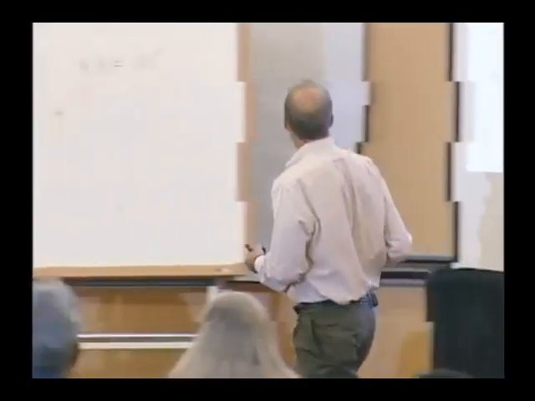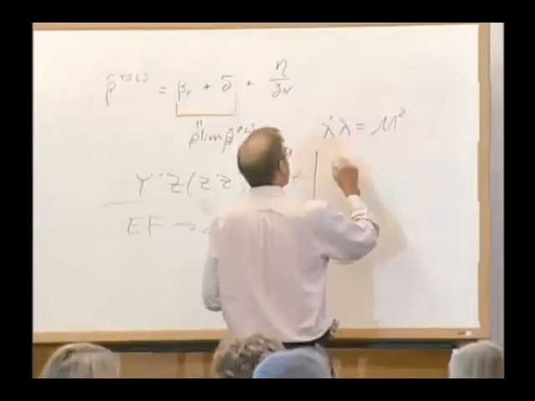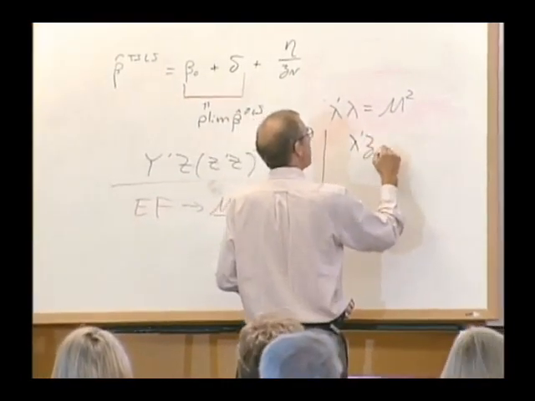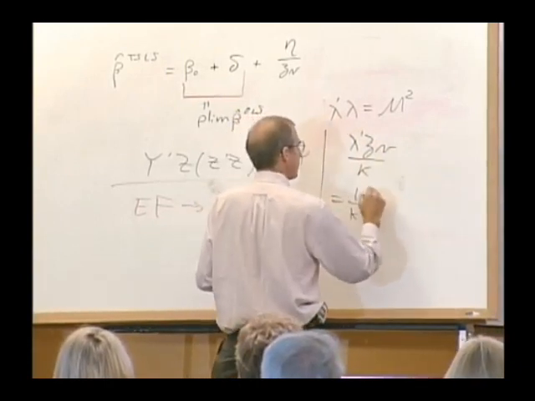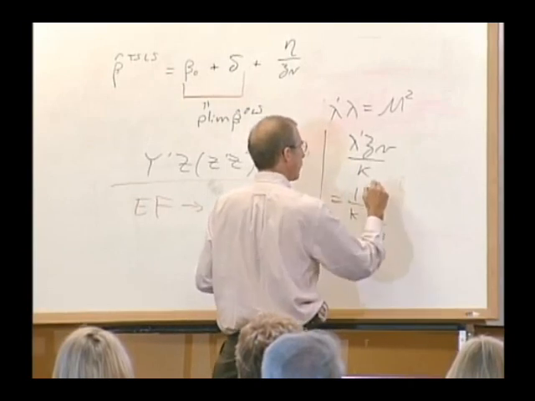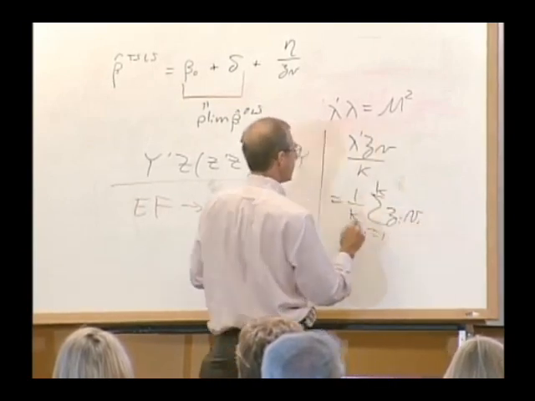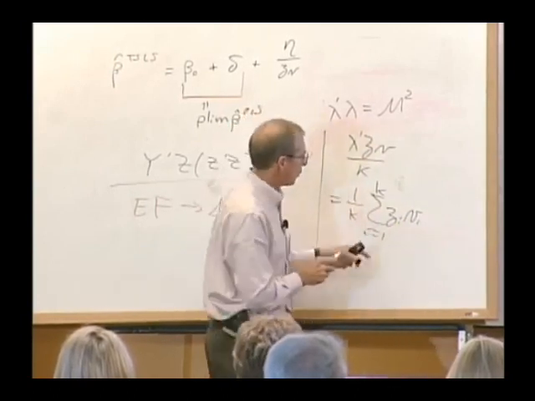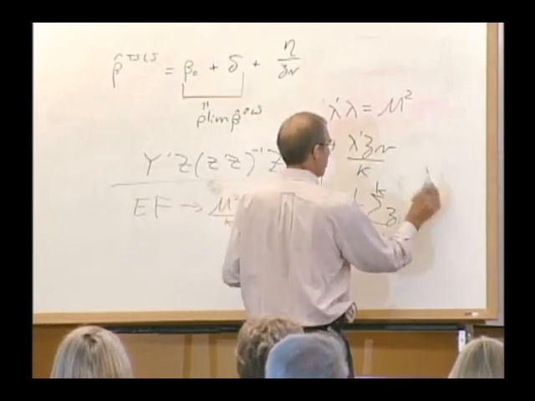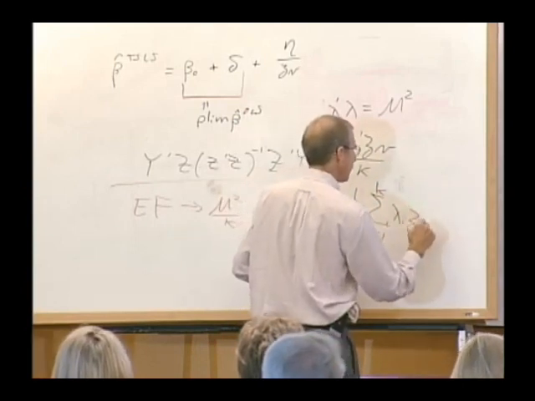So lambda prime ZV over k. What is that? That's 1 over k times the sum, i running from 1 to k, of lambda_i times ZV_i.